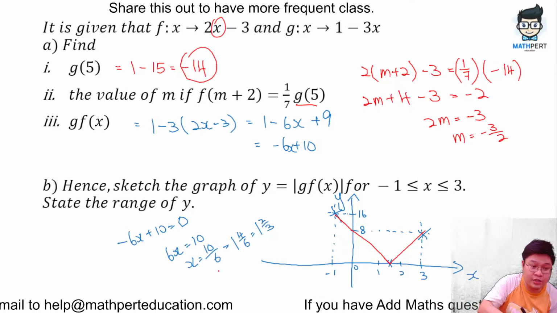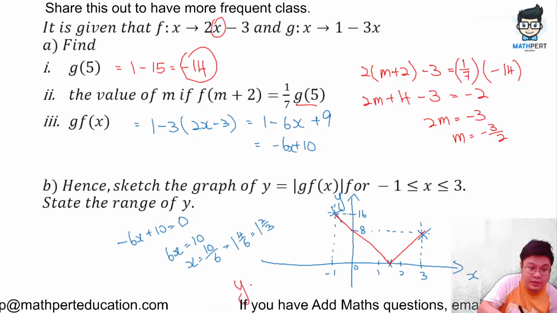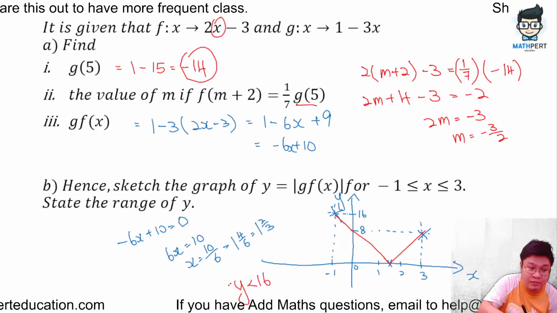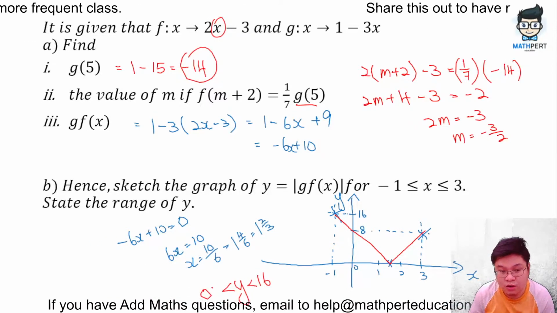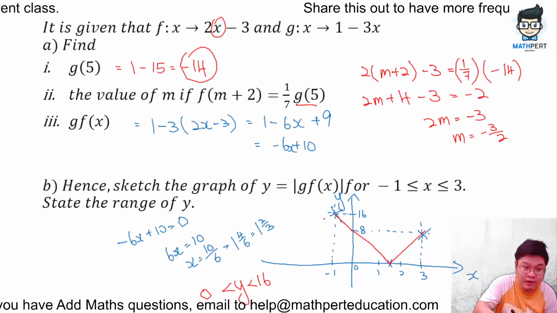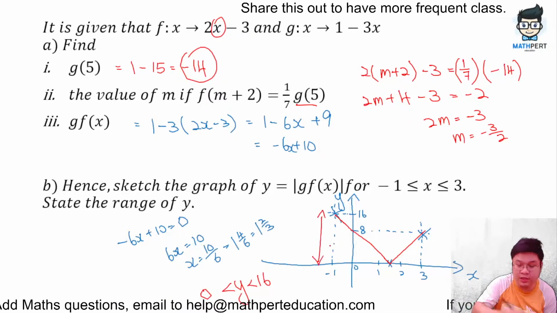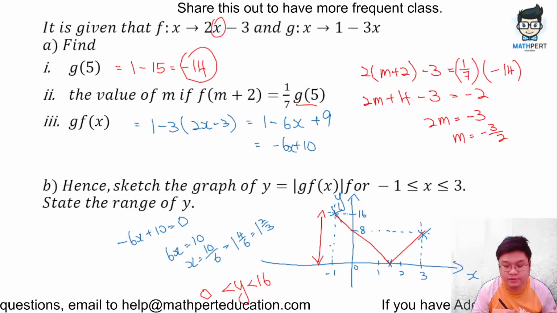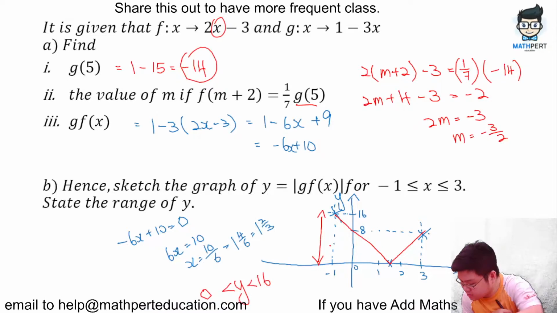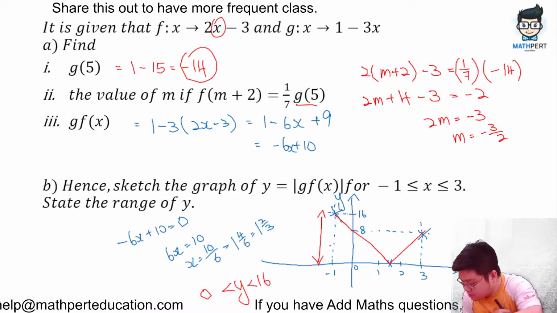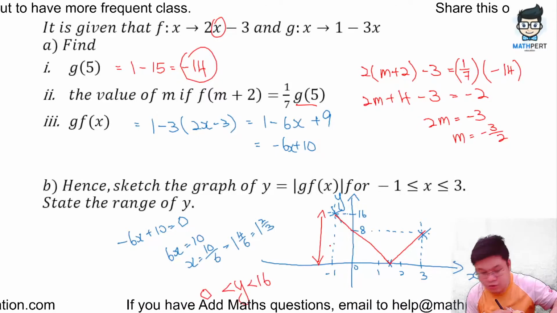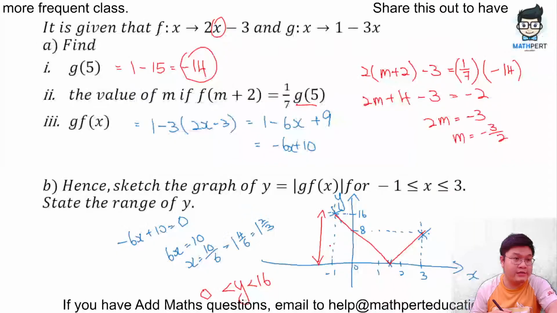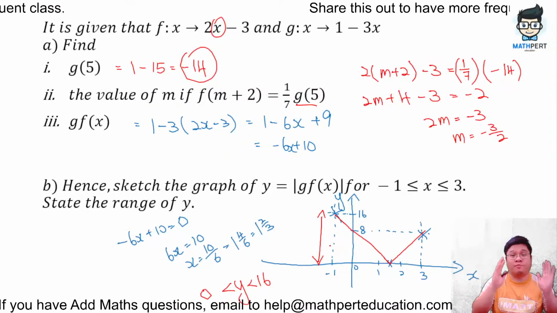So what is the range of y? y is less than 16, more than 0. Alright, so this is the range of y from here to here. Okay, so that's all for chapter 1.